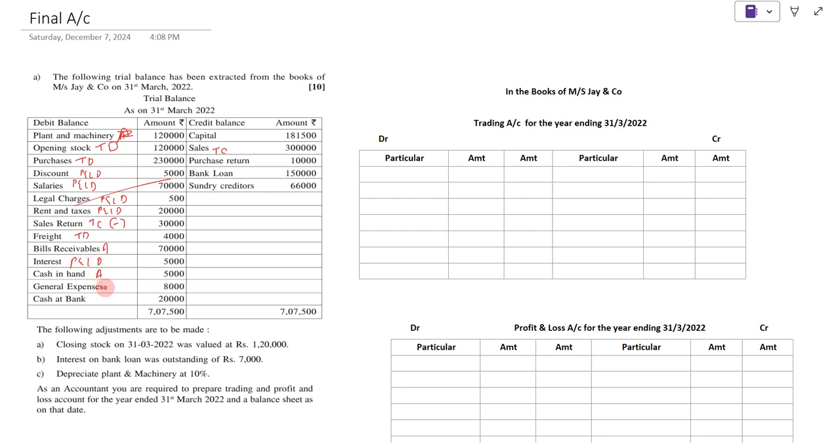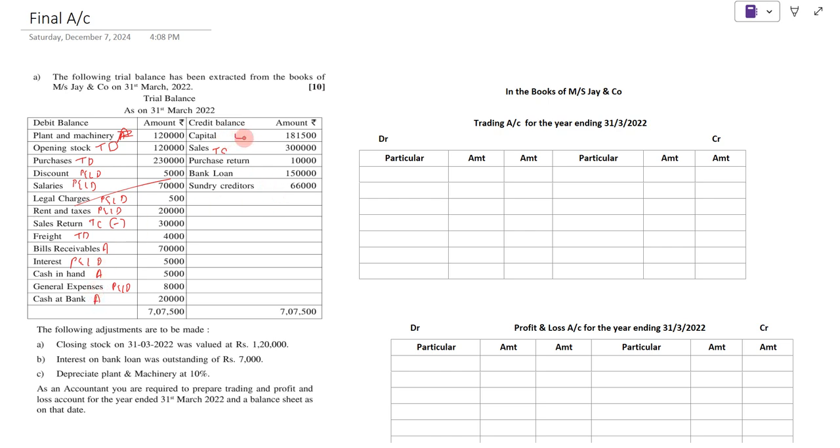Cash in hand, assets. Journal expenses, P&L account debit side. As it is, these entries are already given in the debit balance, which means we have to pass the entries in the respective account of the debit side. Then cash at bank, assets.